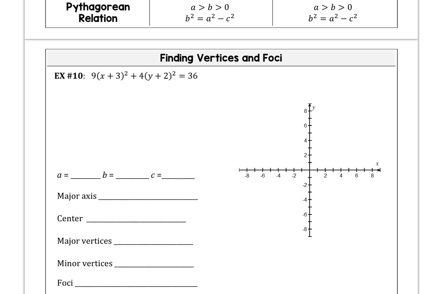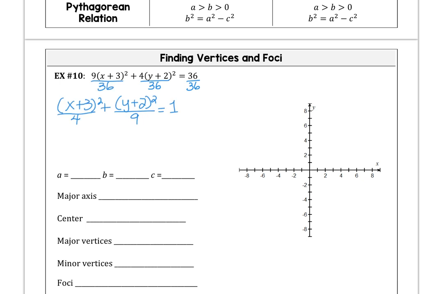In this case, we want to divide each term by 36 to get the right-hand side of the equation to be equal to 1. 9 divides 36 4 times, and 4 divides 36 9 times, and 36 over 36 is 1.